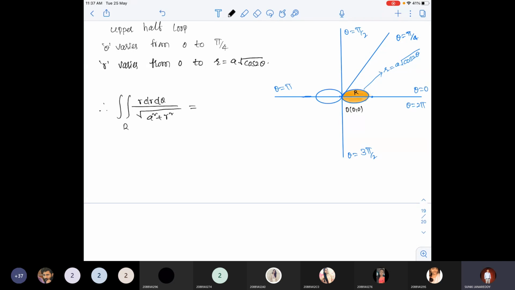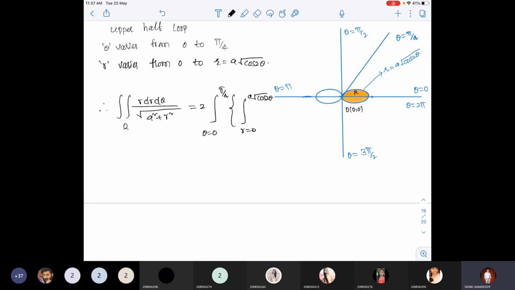Here we have taken it above the initial line, so to get the total one loop value, we have to take 2 into double integral. Here first theta is equal to 0 to pi by 4. Next integral R is equal to 0 to a into root of cos 2 theta.